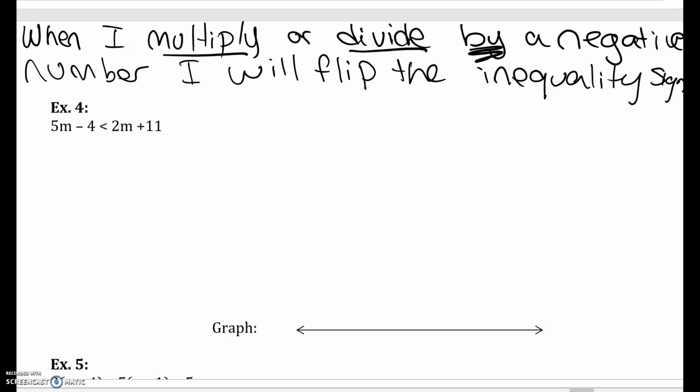Okay, and we can even add over here, quick little example. If I have -2x is less than 10, and I divide by -2 on both sides, I would be left with x is greater than -5. Okay, so my sign flips.